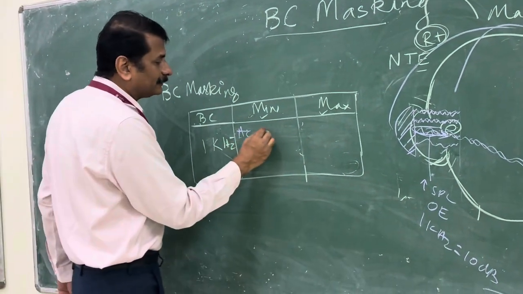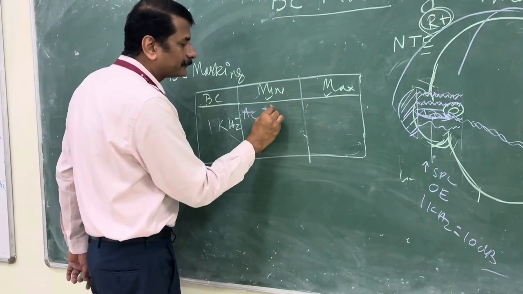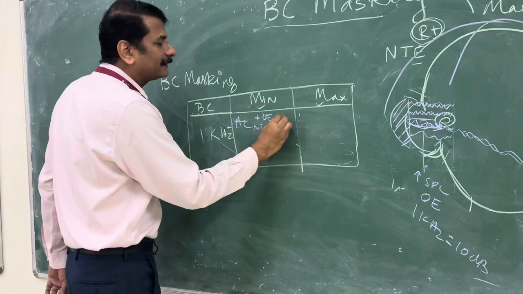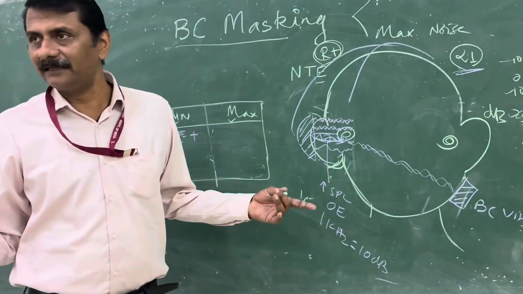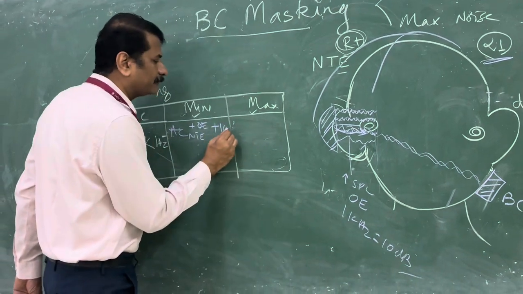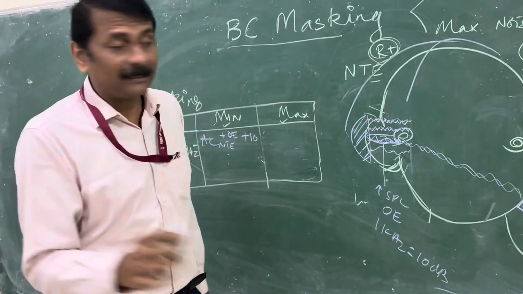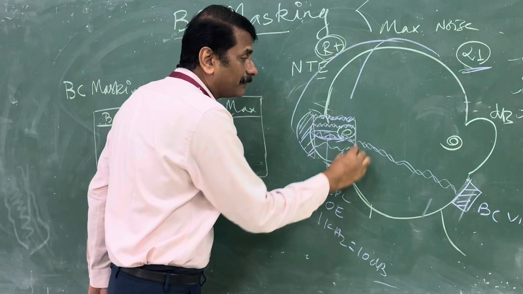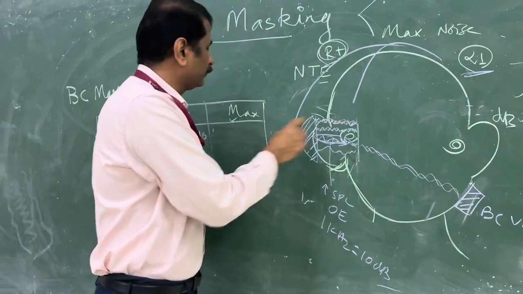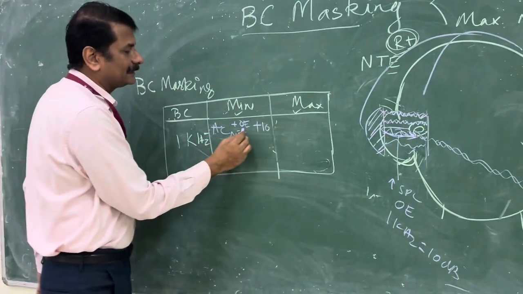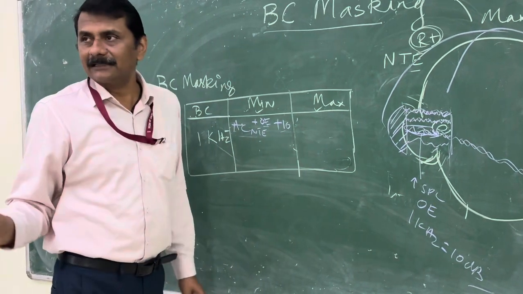So what do we do? AC of the non-test ear plus occlusion effect. And third, there is a variation of plus or minus 10 decibel inter-subject variability. So as a safety factor, we put 10 decibel so that the noise just masks this cochlea. It should not be less either. So this should be the formula: AC non-test ear plus occlusion effect plus 10 decibel.